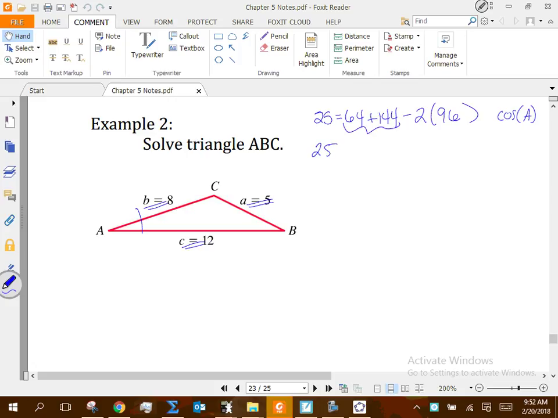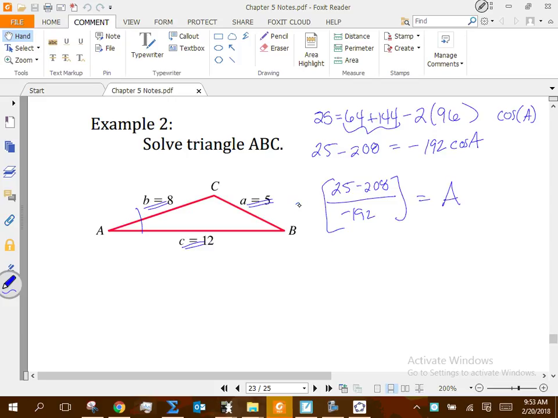This number here is 208. I need to remove that from both sides, right? That will then equal negative 96 times 2, which is 192, times cosine of angle A. So now can I take 25 minus 208 divided by negative 192? That should give me cosine of A.